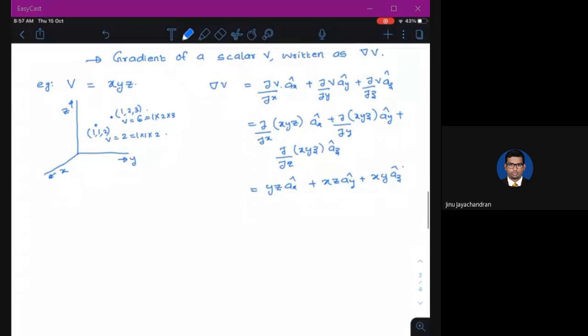Okay, so now if you have, in the Cartesian coordinate system, at the point (1, 2, 3), your value of del v is equal to, you substitute the corresponding values: yz is 6 ax cap plus xz is 3 ay cap plus xy is 2 az cap.